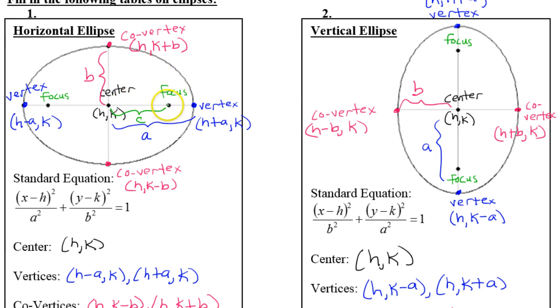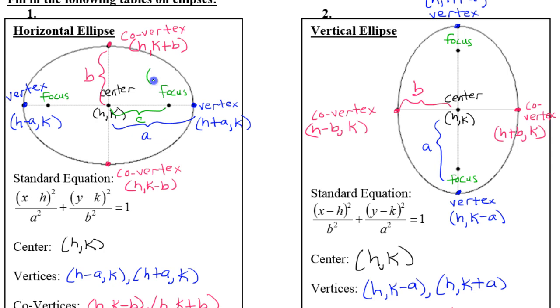With that in mind, let's think about which coordinates should be the same. The y coordinates of all of these points, the center, the vertices, and the foci, all have the same y value. They're all at the same height. So the y value will be k, so we don't have to worry about that.